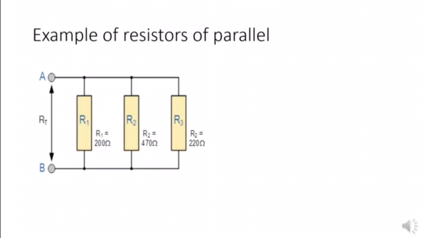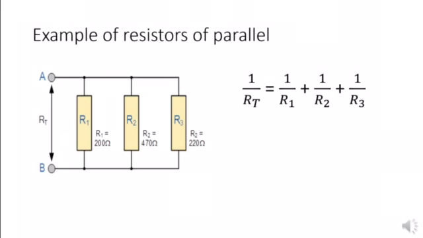The question asks us to find the total resistance of this circuit, and it shows that the circuit is connected in parallel, so we must use the formula for resistors in parallel, which is 1 over total resistance equal to 1 over R1 plus 1 over R2 plus 1 over R3.